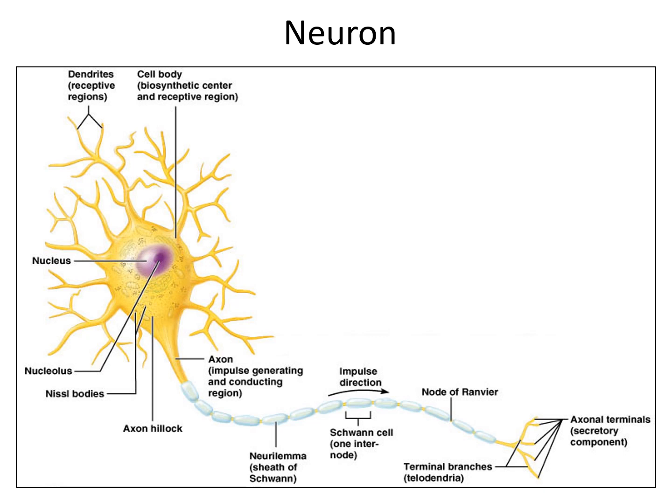This is the direction of the impulse, usually conducted from the cell body to the axon terminal. In between the myelin sheath we have particular gaps called nodes of Ranvier. The axon ends at the axon terminal. It divides into many branches and ends with axon terminals, and these are also the secretory components.